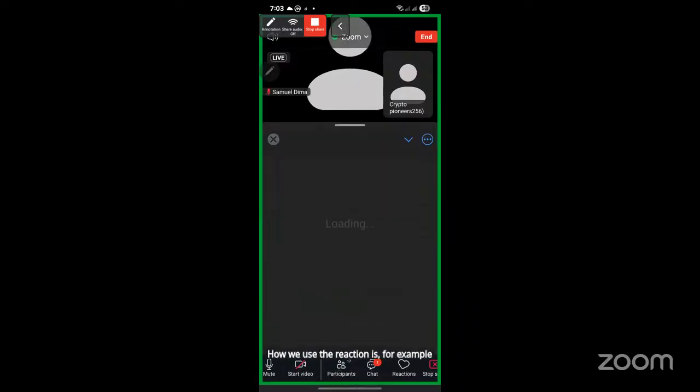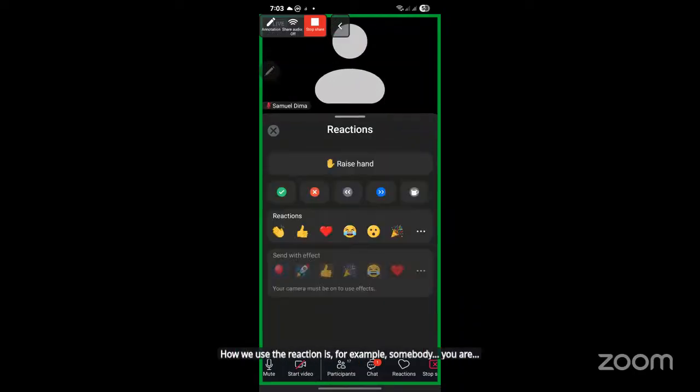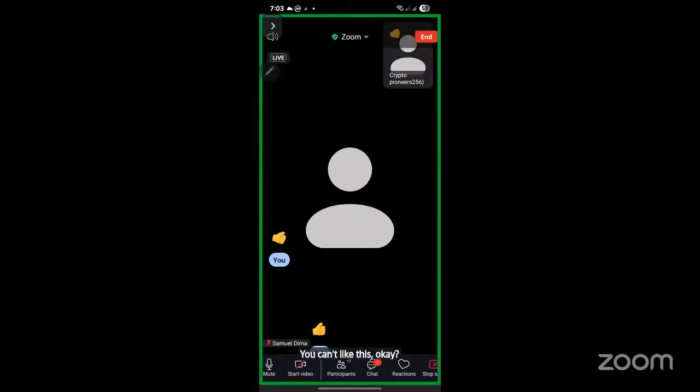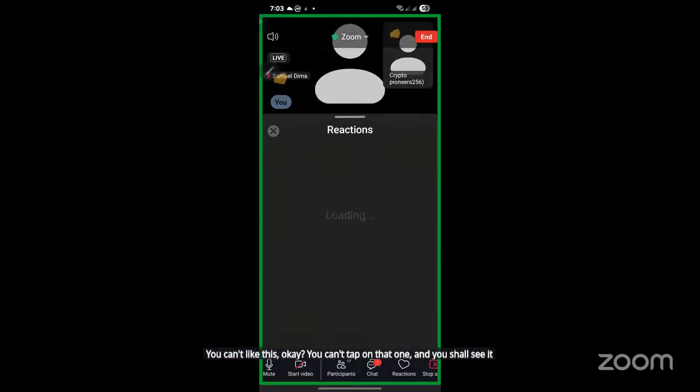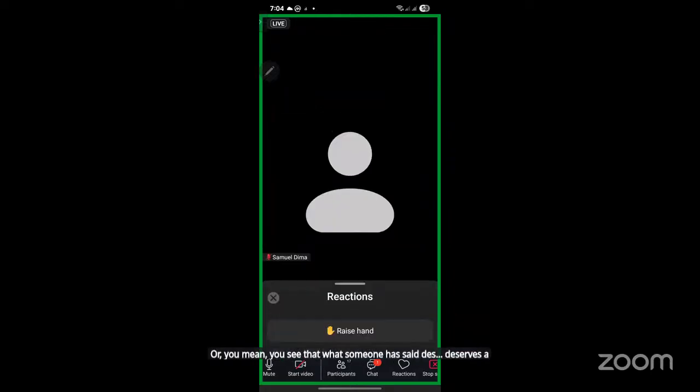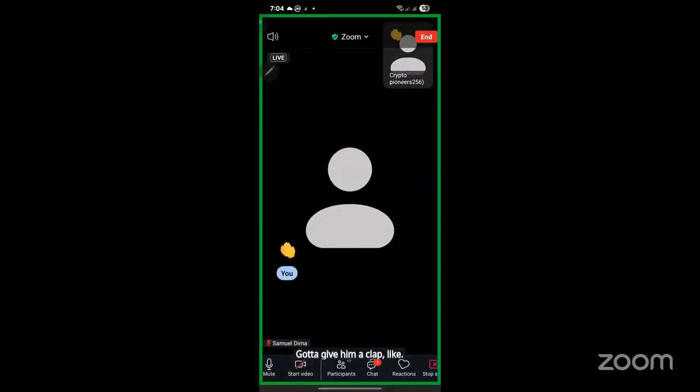For example, if you are understanding what I'm talking about, you can do like this, okay? You tap on that one and you shall see it on the screen. Or if you see that what someone has said deserves a clap, you can give them a clap like this and we shall see it on the screen.